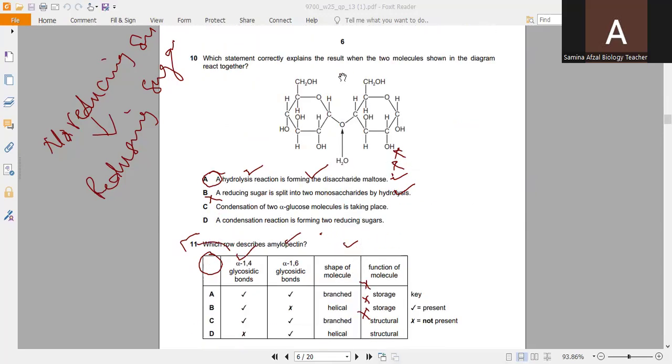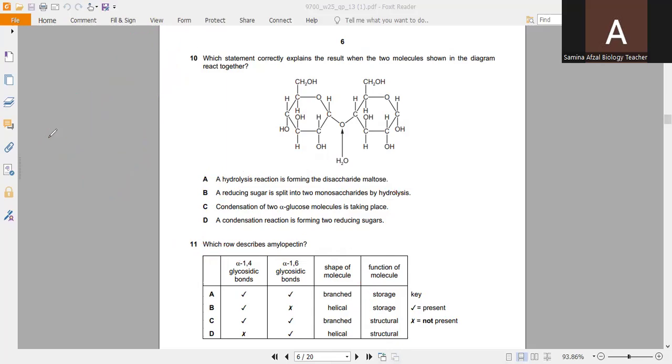Now question number 10 is there. Which statement correctly explains the result when the two molecules shown in the diagram react together? You can see water has been added to them. So the hydrolysis reaction is forming the disaccharide maltose. Here you can see the diagram shows two single hexose sugar rings joining together to form a disaccharide with the release of a water molecule.